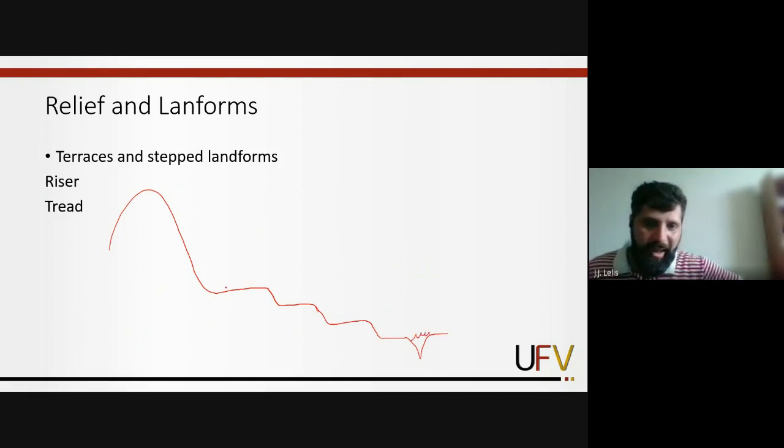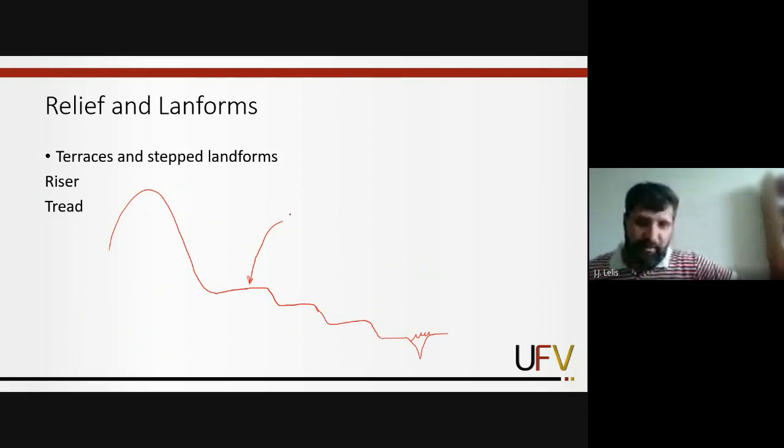If you have this flat surface here, and here, and here, and even here, this indicates that in the past, the river ran in this area, at this altitude, but it has been coming down to here across time, because it registers some climatic or tectonic change.